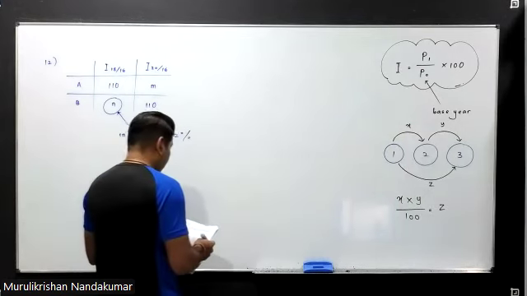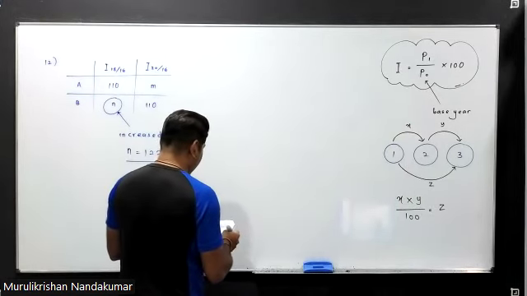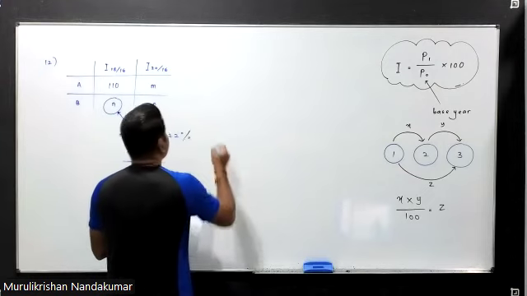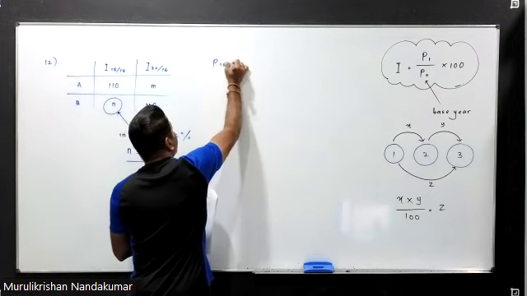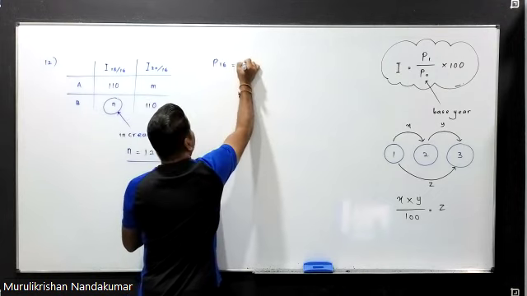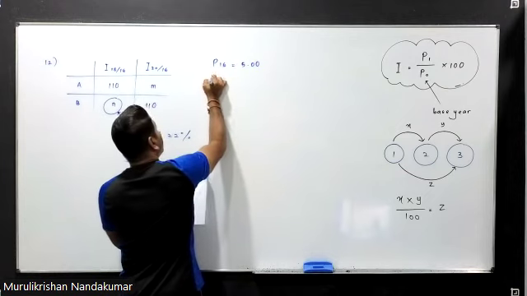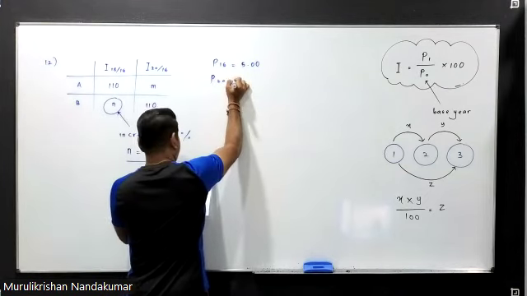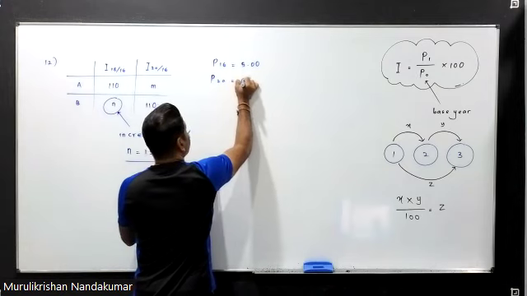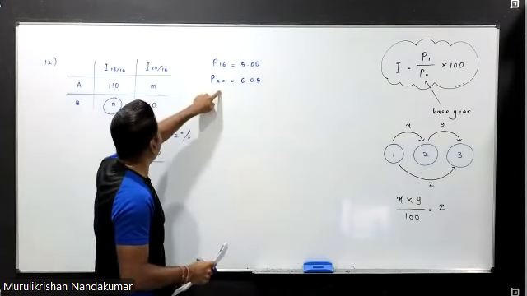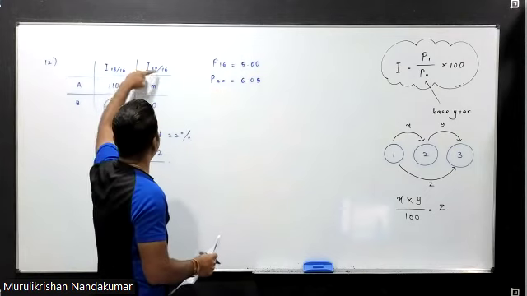For material A, P16, berapa harga dia? 5 ringgit. And then P20 is 6.5. So 16 and 20 is here.